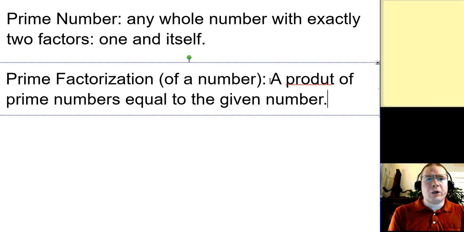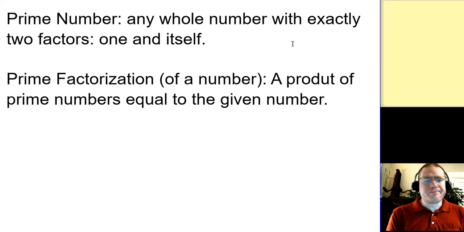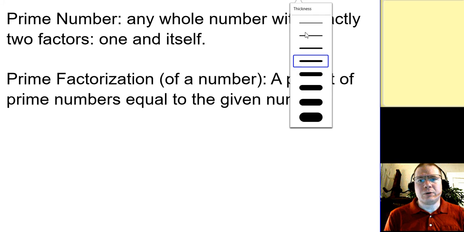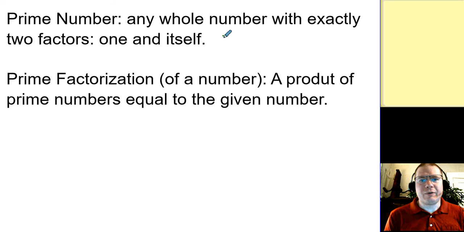Okay, so let's think about prime numbers. We looked at 2. If I try to write 2 as a product, the only way I can do that is 2 times 1. If I look at 6, I can do 6 times 1.